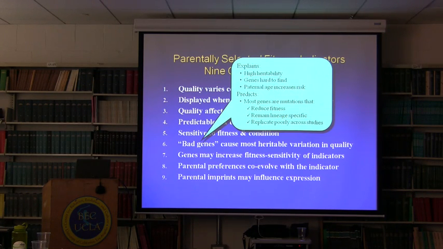So there are many more chances for mutations to occur in the sperm from fathers than the ova from mothers. This feature also predicts that most of the mutations, though, will be those that reduce fitness and therefore remain lineage-specific and replicate poorly across studies.